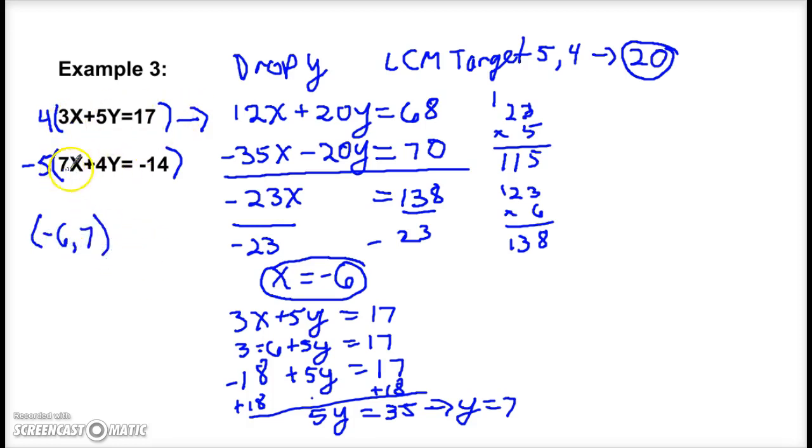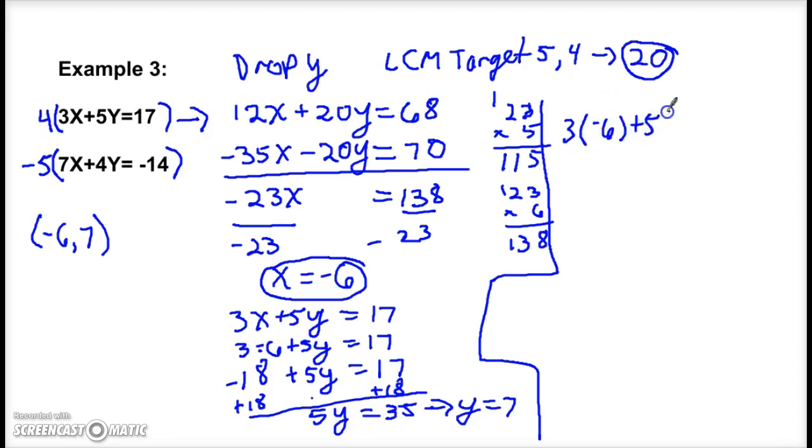And if I go ahead and plug that in, I will find out that that works. Let's just do it quickly to check. So I've got 3 in the first equation times -6 plus 5 times 7 equals 17. So -18 plus 35 equals 17.